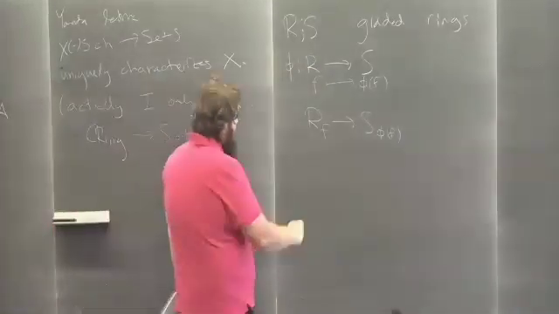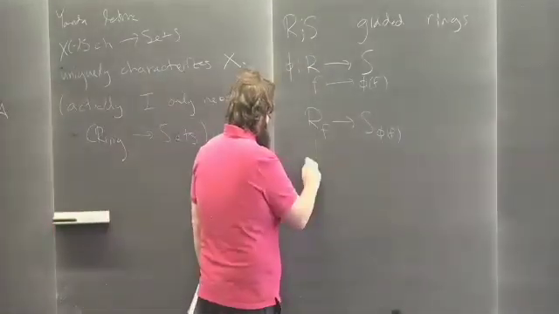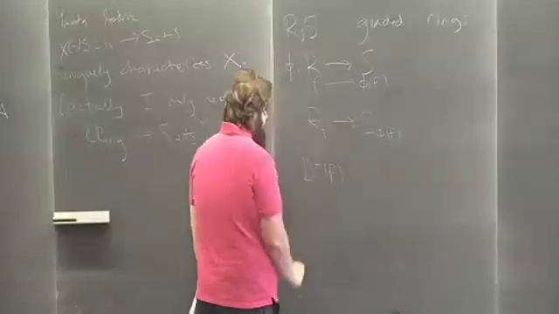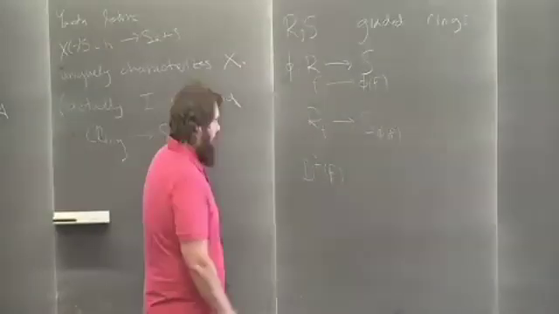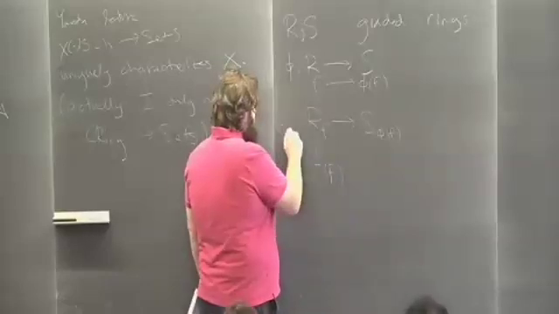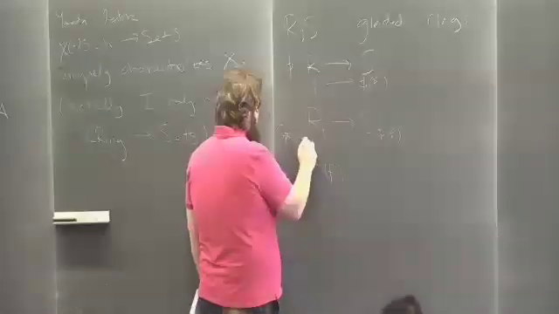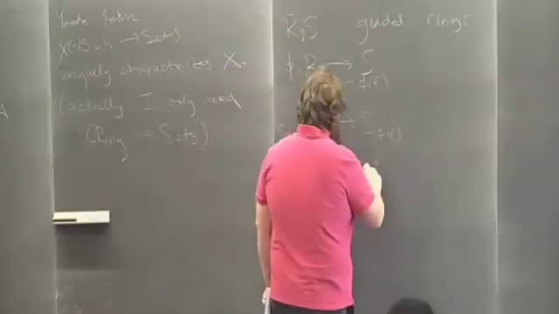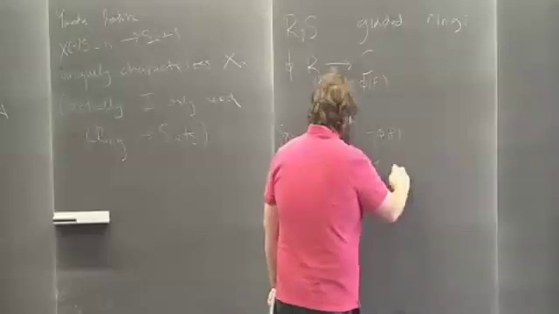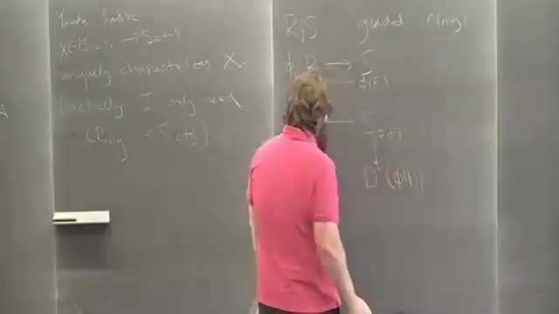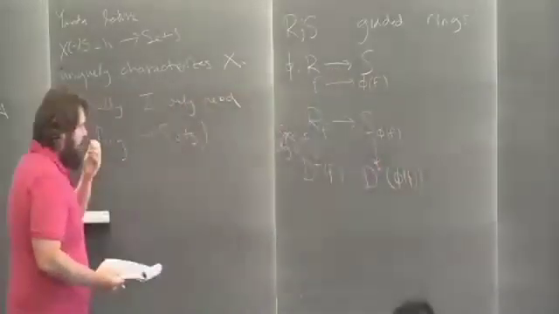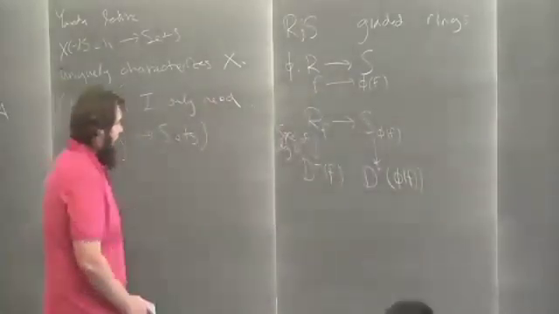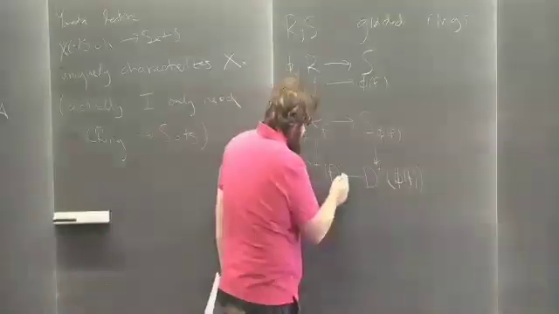If I take Spec, well, this becomes D(f). If I take Spec of the degree 0 part, I should emphasize that, Spec of degree 0, and if I take Spec of the degree 0 part here, I get phi of f, and I get a map this way.